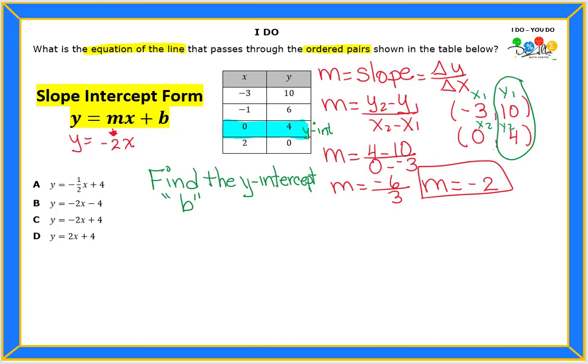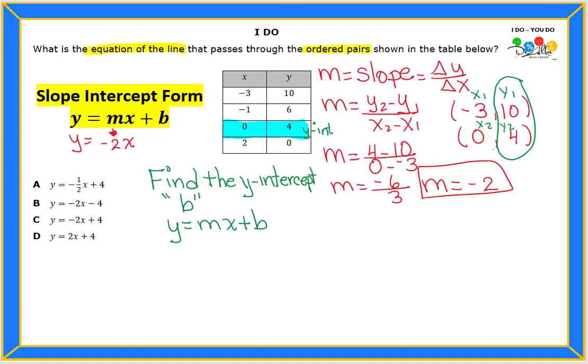The y-intercept is b. So I'm going to write down the equation of a line, which is y equals mx plus b. I need to choose one point from the ones on the table, whichever point you want.